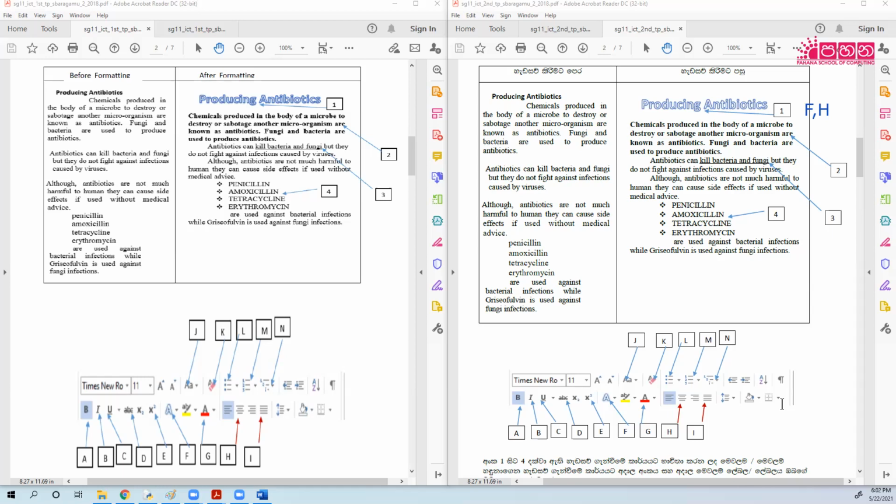How about the second one? Look at the paragraph. What are the tools? For number 2, we have to use A. Yes, we need to use A. What else?